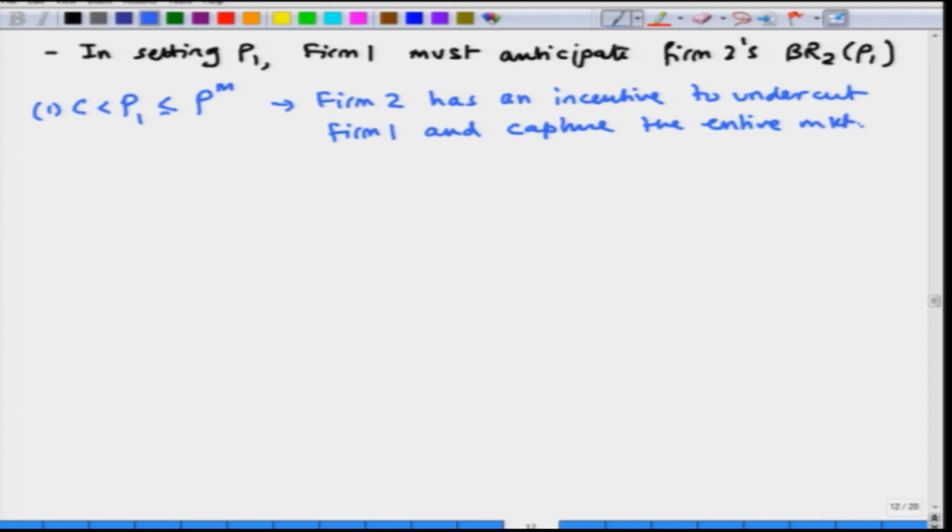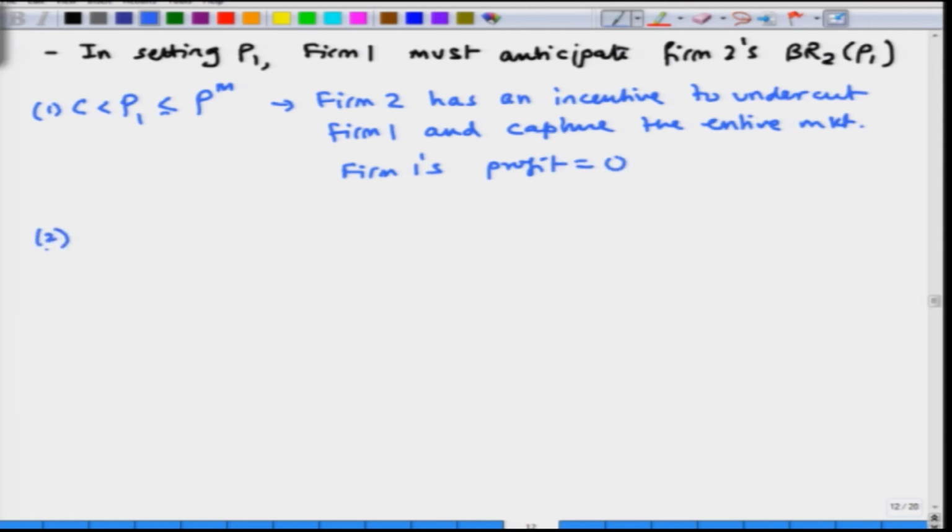So, whenever firm 1 sets a price between the marginal cost and, let us say, less than or equal to the monopoly price, firm 2 essentially undercuts firm 1 and steals the entire market. So, firm 1 is not going to get any demand and firm 1's profit is going to be 0. Profit turns out to be equal to 0 in that case.